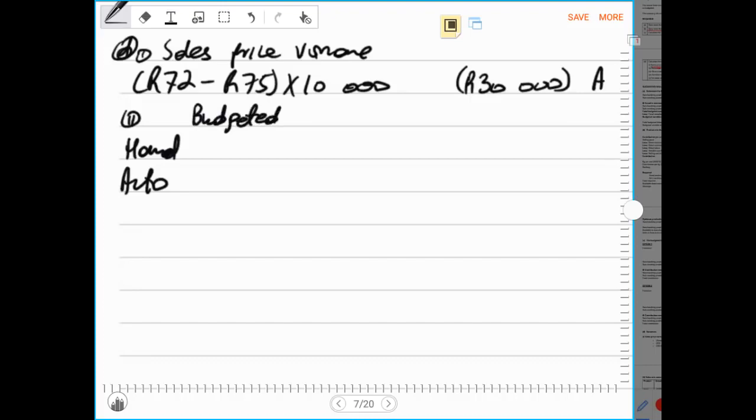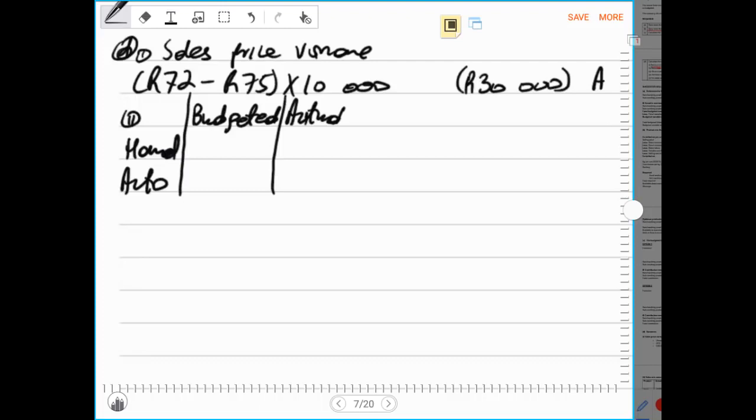I'm not going to detail in terms of description. Budgeted. Then after we have actual. Let me start with the actual because we prefer to start with the actual normally in this variance.